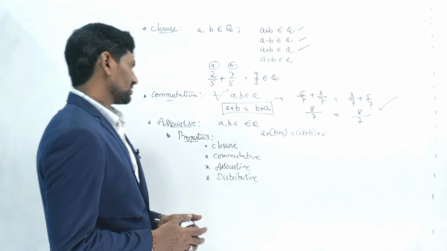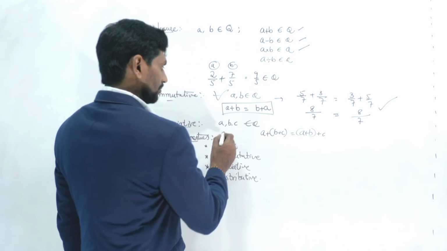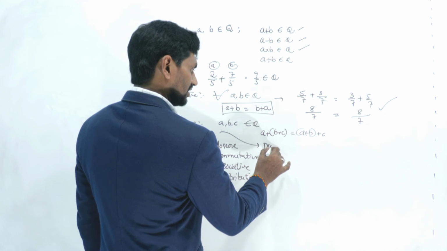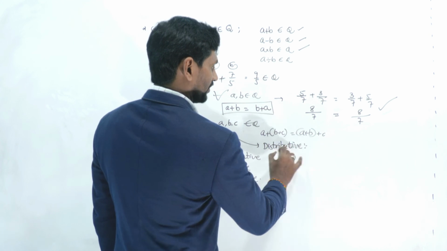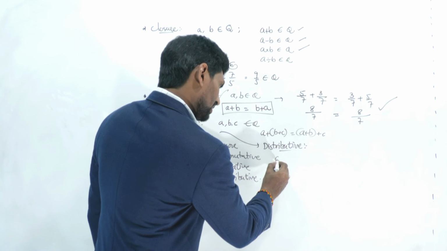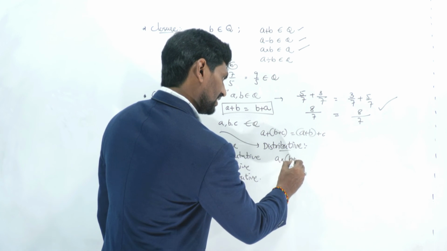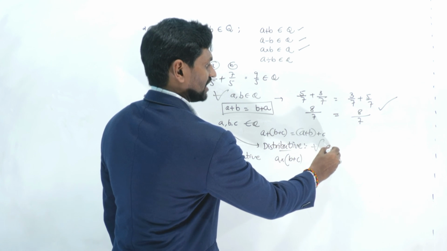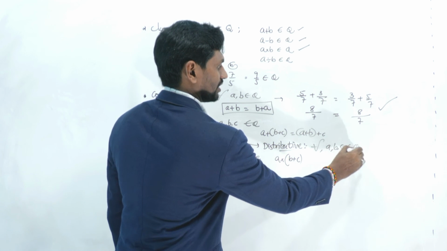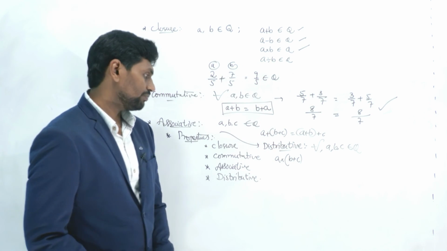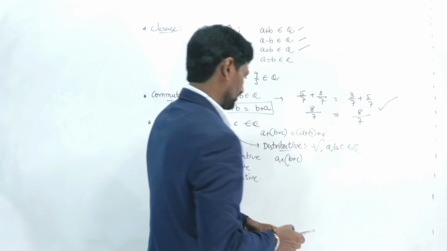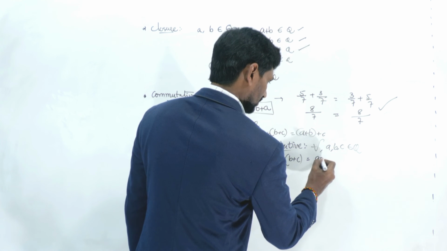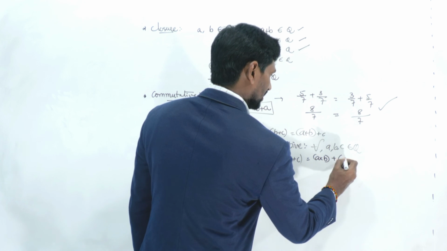Okay. Next, last, distributive property. So what is distributive property? For every a, b, c belongs to rational numbers, a into (b plus c) is equal to a into b plus a into c.